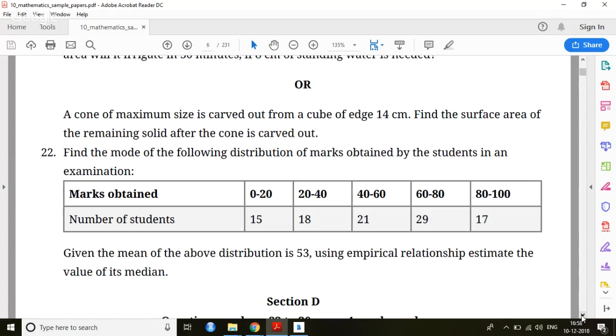Okay, question 19, part 2. I'm giving you 1 minute to tell me which question I need to solve. Then I'll move ahead and start solving the question. 19, part 2, and question number 20.